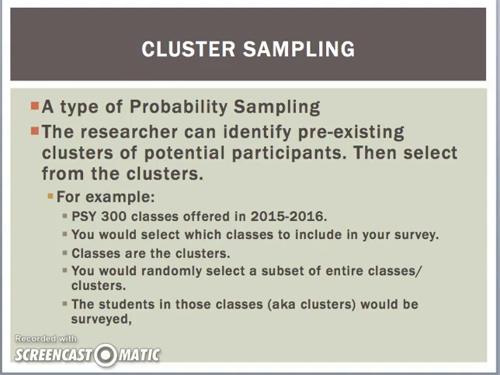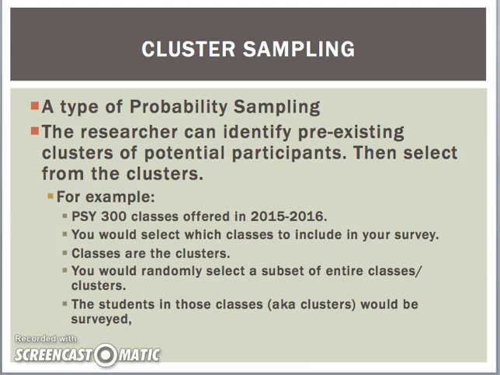All right. Cluster sampling is a type of probability sampling. The researcher can identify pre-existing clusters of potential participants, and then you select from those clusters. So it's like a stratified sample, but instead of selecting individuals, you select actual clusters of individuals. For example, I might be interested in sampling Psychology 300 classes offered in 2015 and 2016.